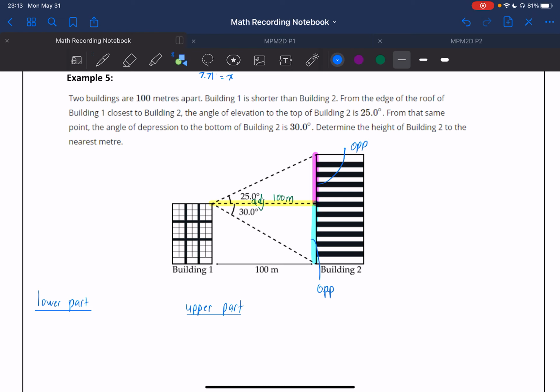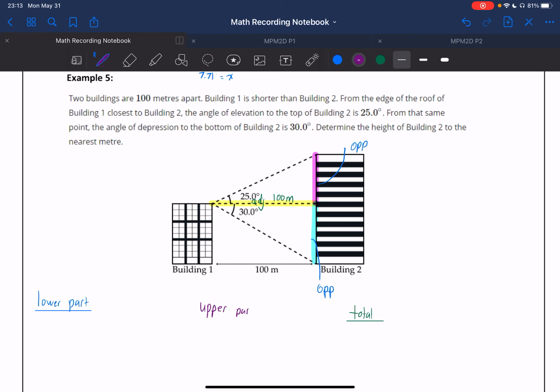So we need to find the lower and upper. And then we're going to have the total at the end, so total. Oops. Just going to erase this one and make it the same color as the highlighter that I used, upper part.